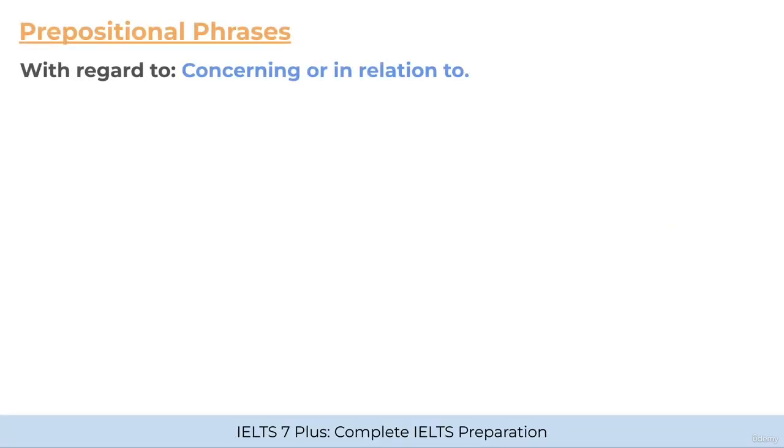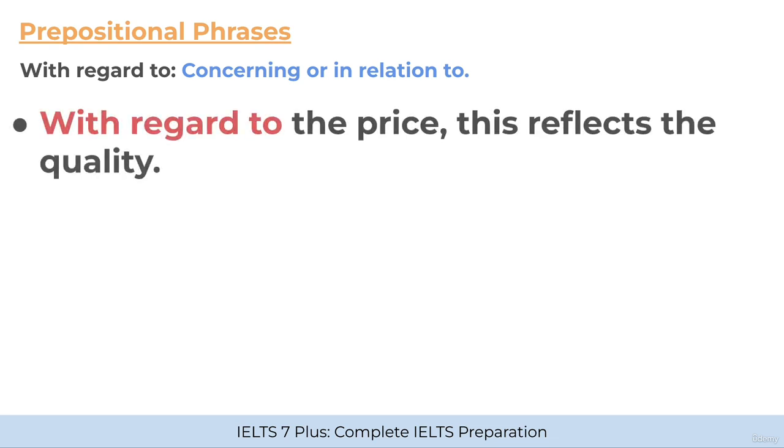Another one, with regard to. In relation to, in other words. With regard to the price, this reflects the quality. So when we're talking about the price, this is reflected in the quality. So perhaps a more expensive item is better quality.